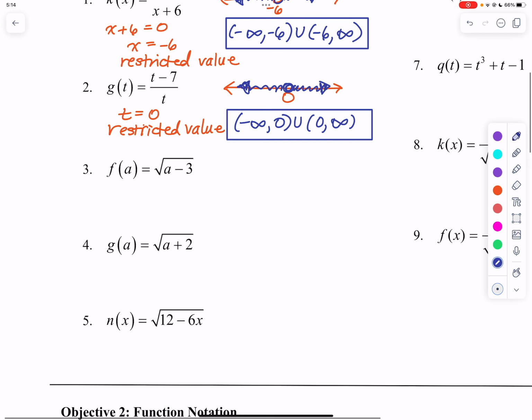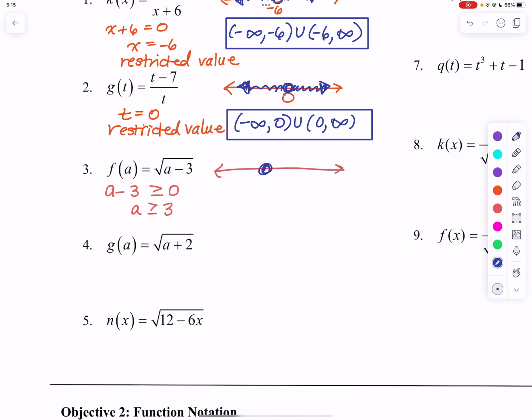Now, under a square root, we have to remember that what is under the square root cannot be negative. Or we could take it the other way. We could say that a minus 3 needs to be greater than or equal to 0. Adding 3 to both sides, a has to be greater than or equal to 3. So there's a couple ways you can do this.